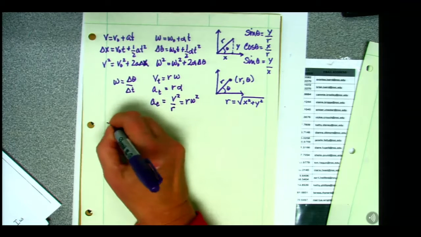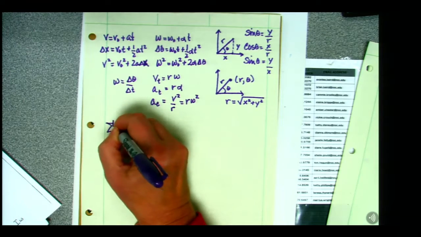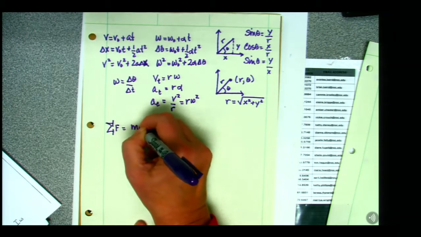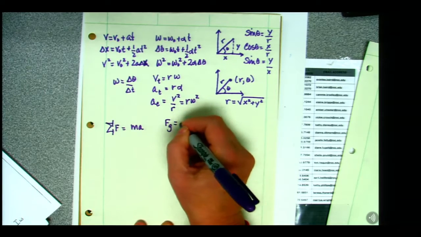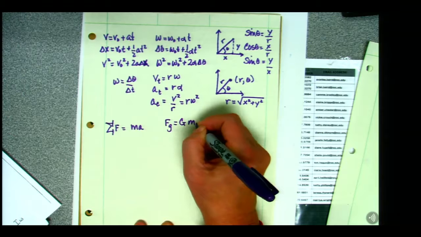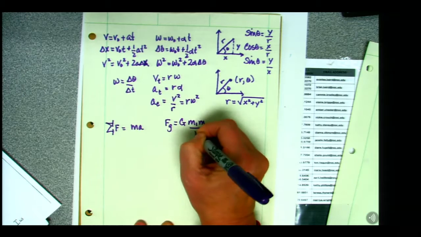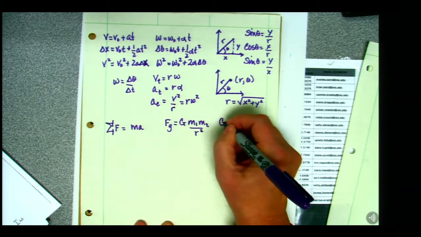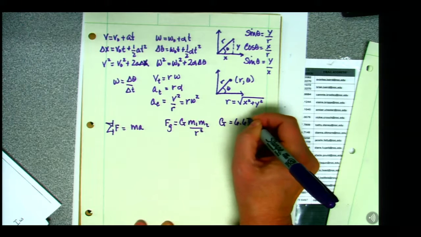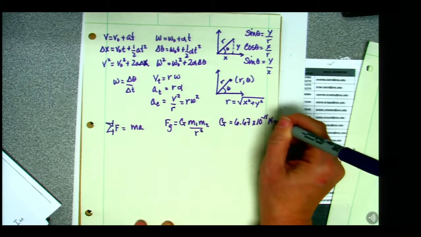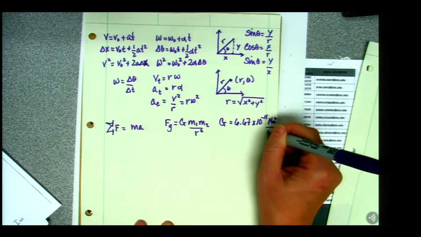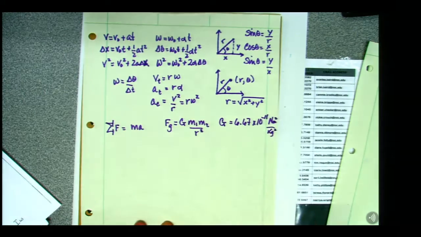We've done the sum of the forces is equal to mass times acceleration. We've done Newton's law of gravitation, where G is equal to 6.67 times 10 to the minus 11 newton meters squared per kilograms squared.